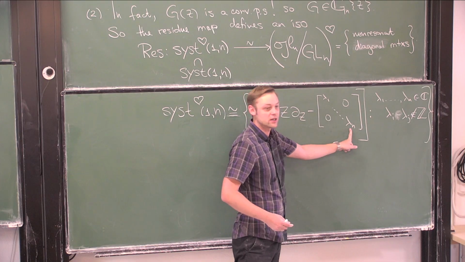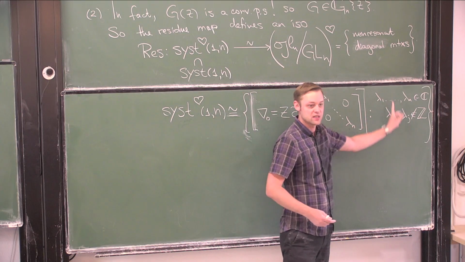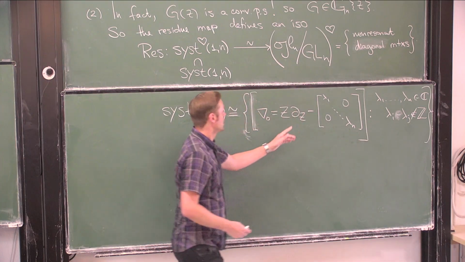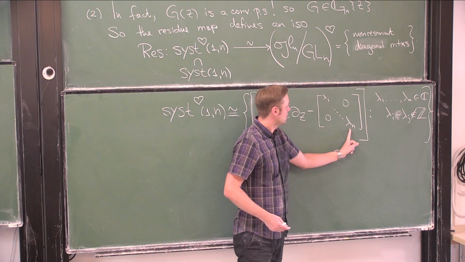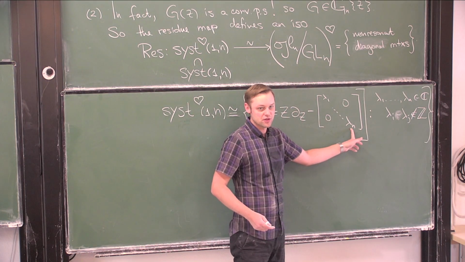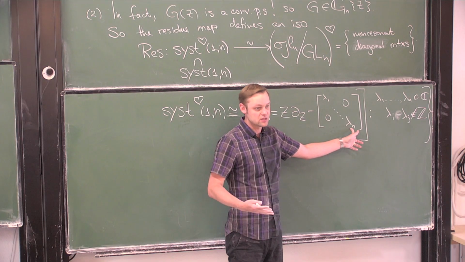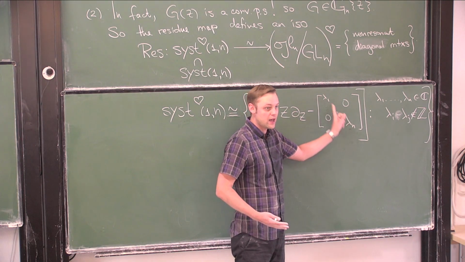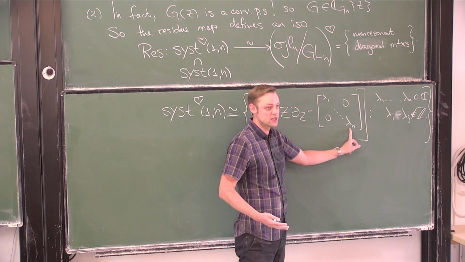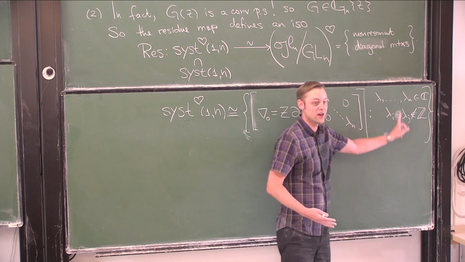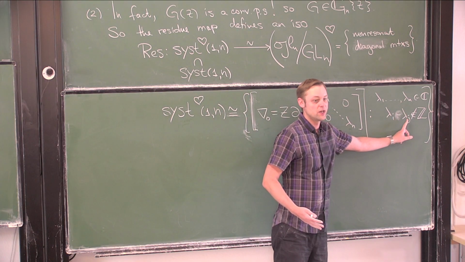I need to give you a diagonal matrix which satisfies some conditions. A diagonal n by n matrix has n degrees of freedom. So I just need to give you n complex numbers, those would be my lambdas, and I just need to ensure that they satisfy some conditions.